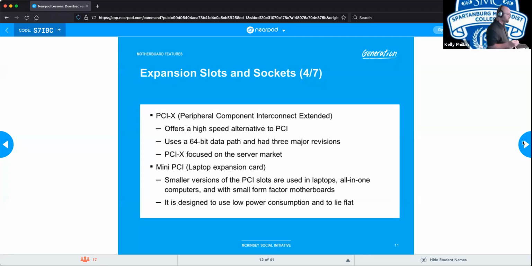You had the mini PCI, which was utilized in laptops and allowed us to incorporate more technology within smaller platforms. It required much lower power consumption, as almost anything going into a laptop needs to not consume a lot of power, which would produce a lot of heat. It needs to be smaller in form factor and work within the existing technology that is all in place.